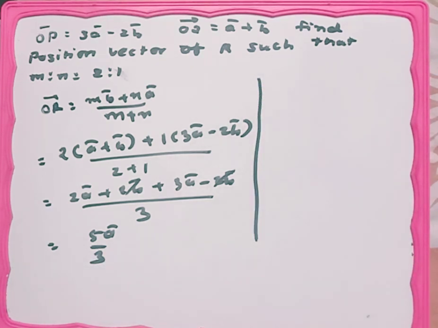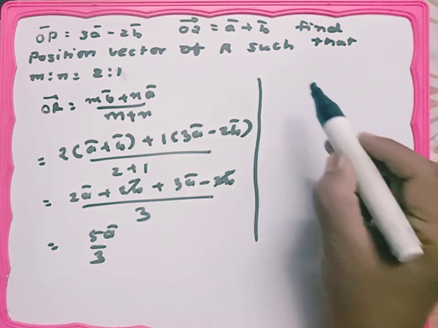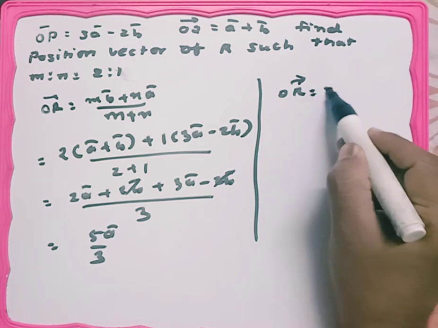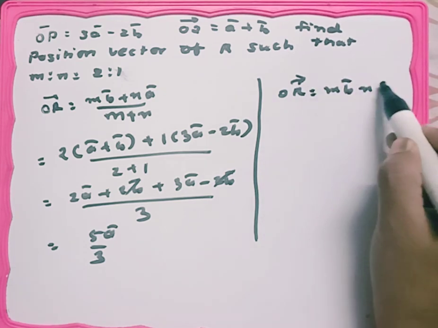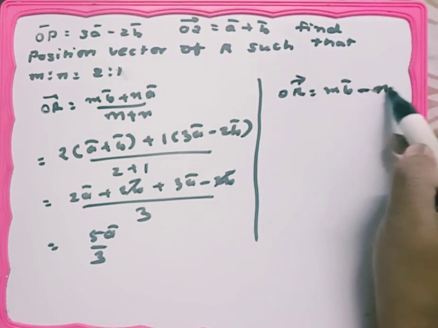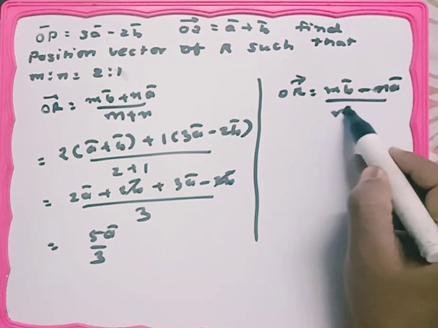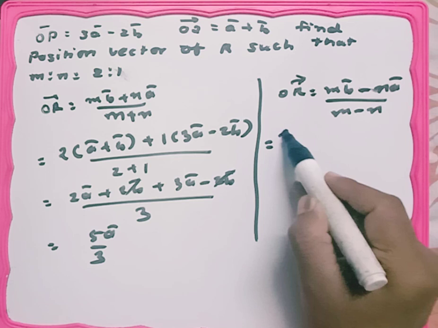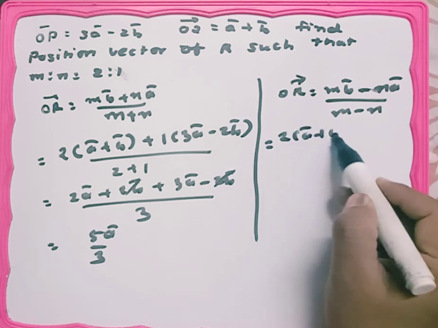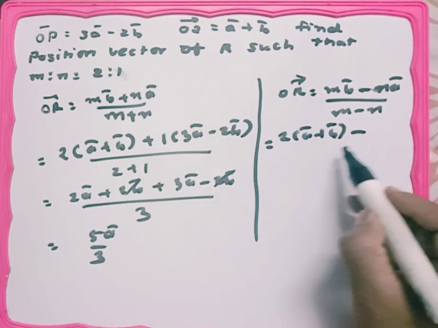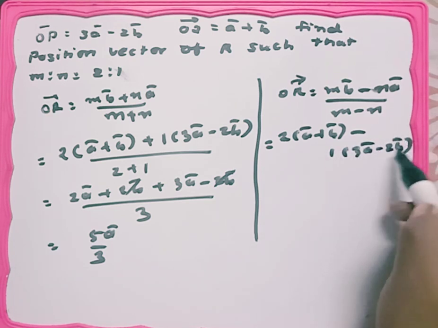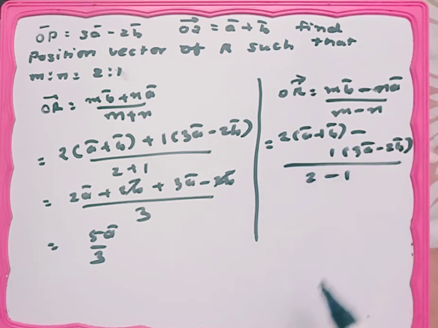Now when it divides externally, then OR bar we can take m b bar minus n a bar by m minus n. So at that time we can take 2 into a bar plus b bar minus 1 into 3a bar minus 2b bar by 2 minus 1.